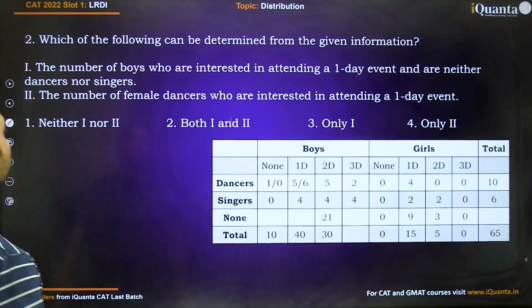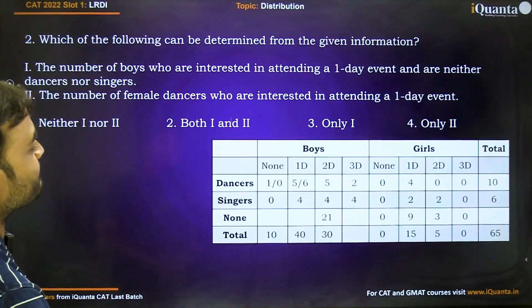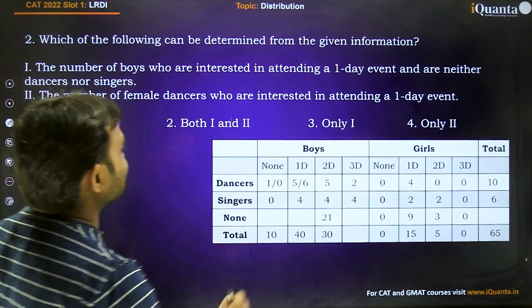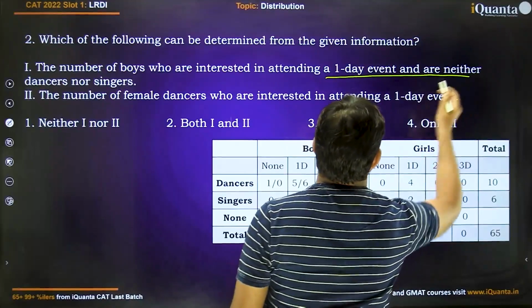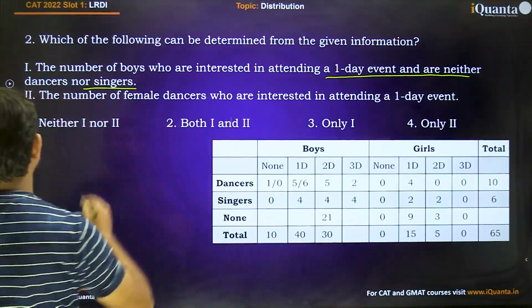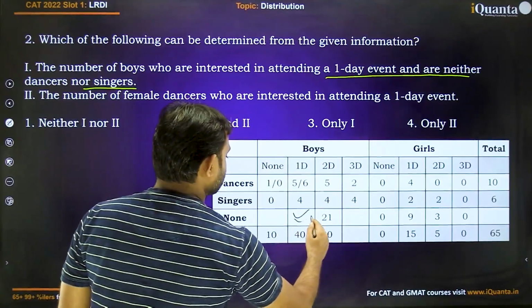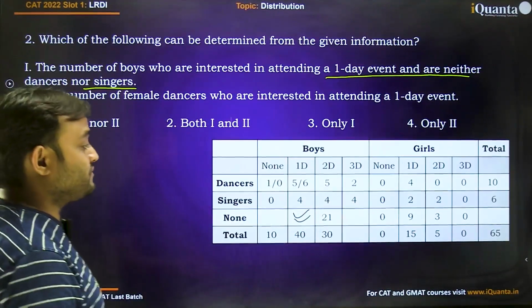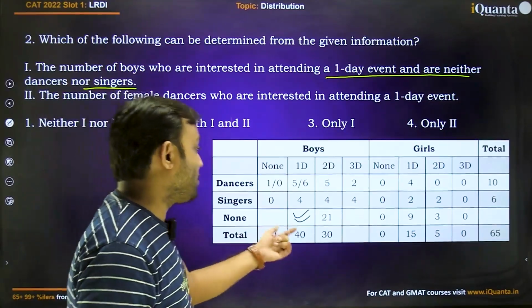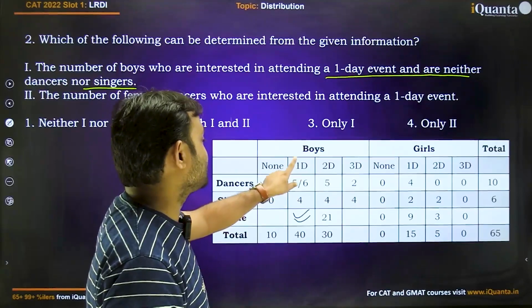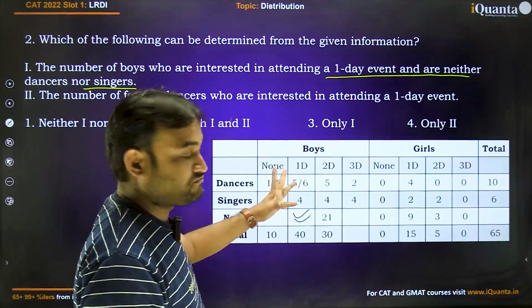Then next it says, which of the following can be determined from the given information? The number of boys who are interested in attending the one-day event are neither dancers nor singers. So basically, we need to find this information, which we don't have. We know that a total of 40 boys are interested, but the number of dancers interested in the one-day event is not given.